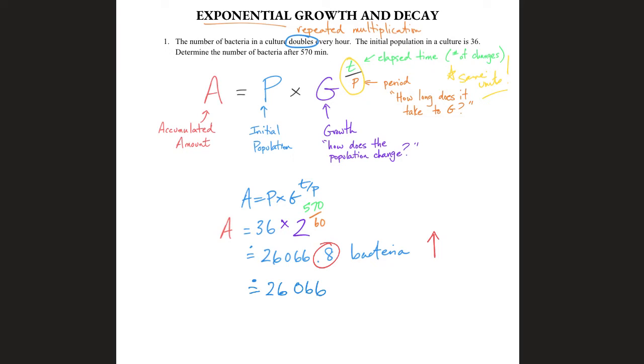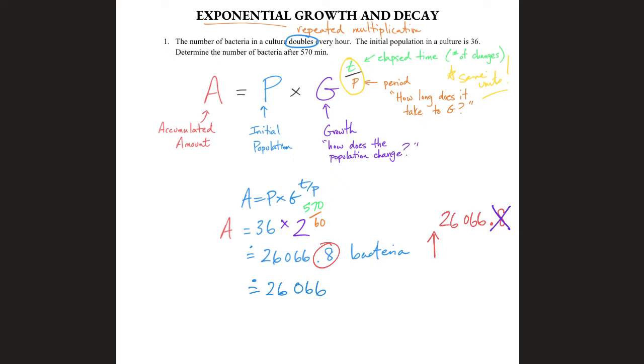And so if it's doubling, then my bacteria is increasing in its population. So I just want you to imagine like that last instance of time, we would have had 26,066 bacteria, and then a little bit more time went by. That's what allowed us to get up to the 0.8 of a bacteria. Well, if we acknowledge that you can't have a part of a bacteria, then the amount of time that has happened has not been enough time to create that extra bacteria.